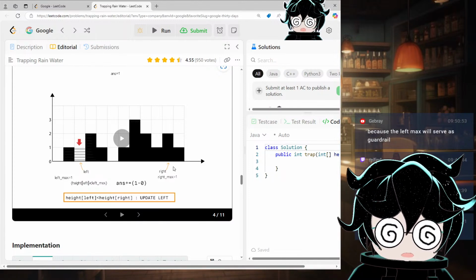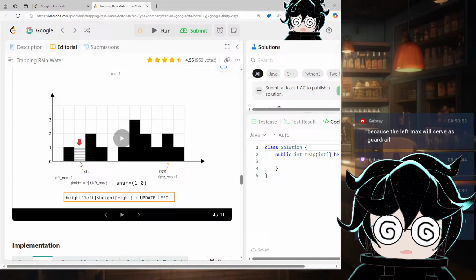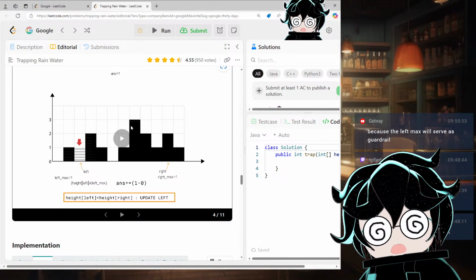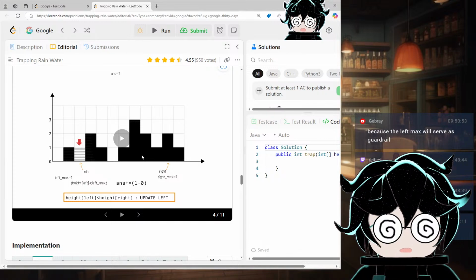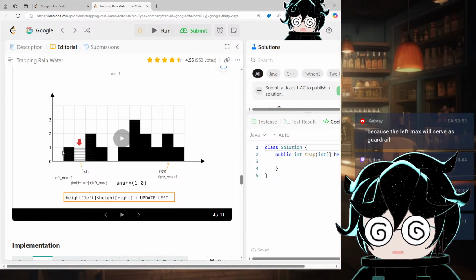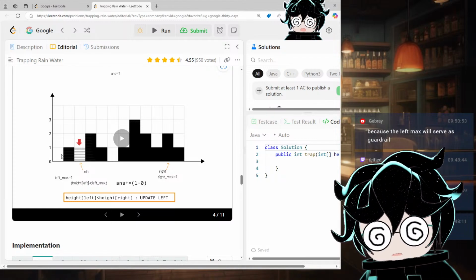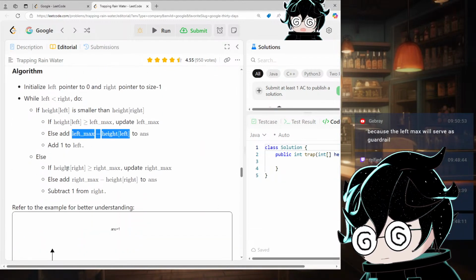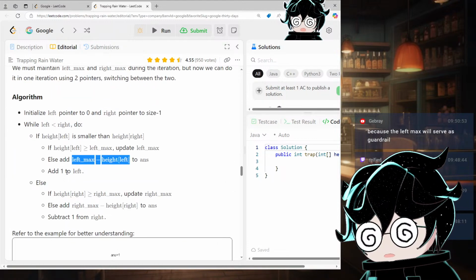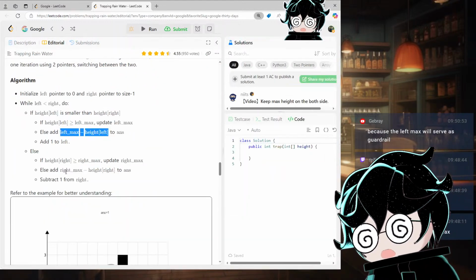Finding the clear maximum at either side at any given time isn't needed, because we don't care what the maximum is. We just care what the local sort of max minimum is, I guess. All right. This is okay. Implementing this will be a whole nother monster though.